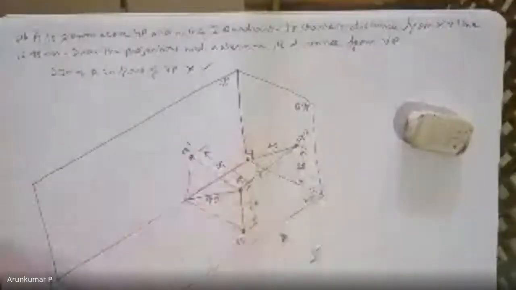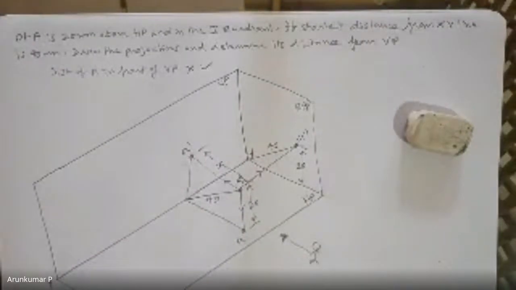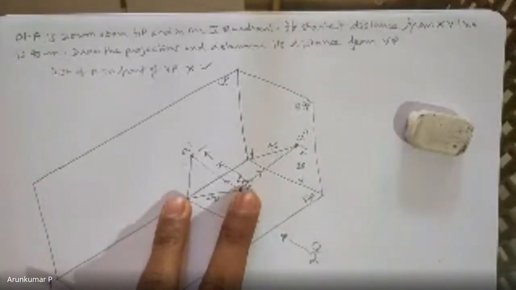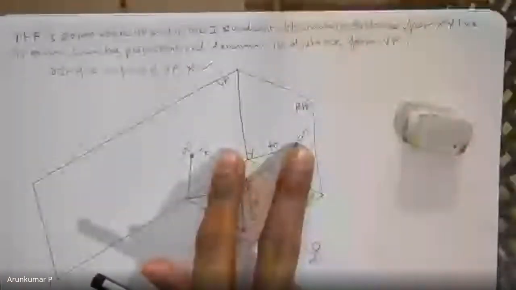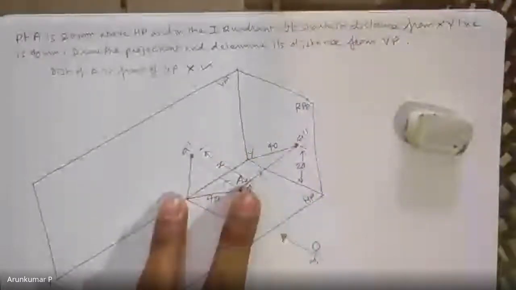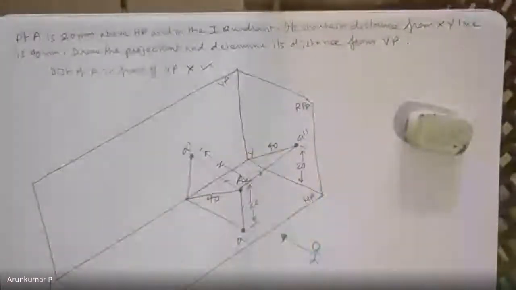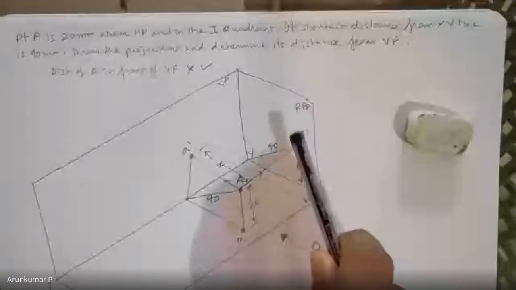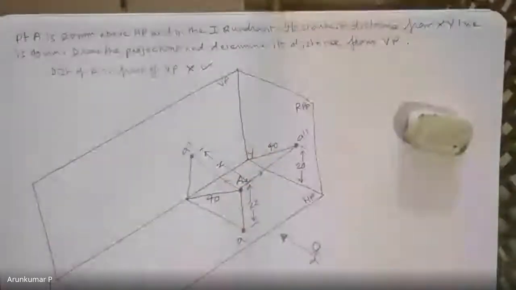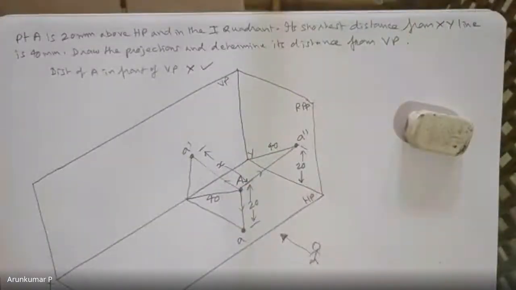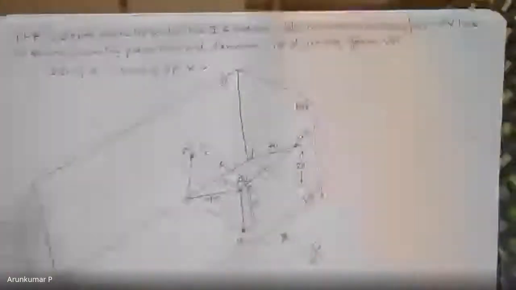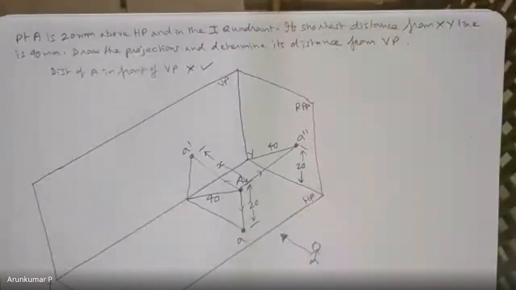Yes, exactly. Shortest distance. Why? Because this 40 mm line is parallel to the side plane. So if this is 40, this also should be 40. This will be useful to us. Okay, I'll show you how this will be useful.